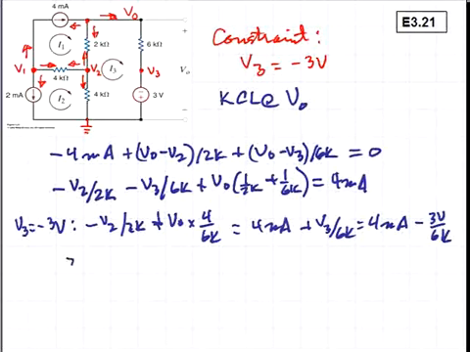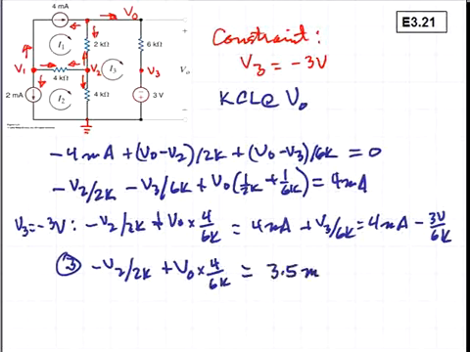Or our third node voltage equation is minus V2 over 2K plus VO times 4 over 6K is equal to 3.5 milliamps.